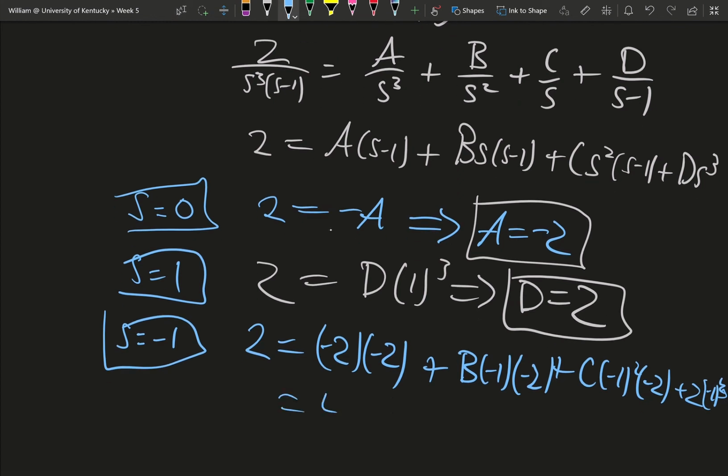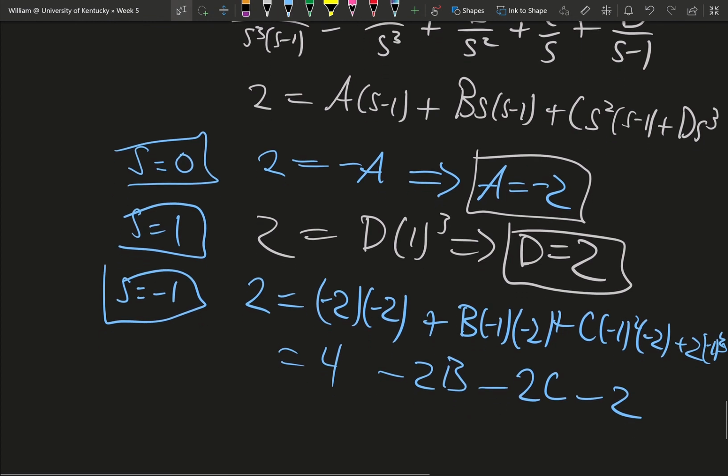And so we'll get 4 minus 2b minus 2c minus 2 equals 2. If we simplify this a bit, we get b plus c equals 0.